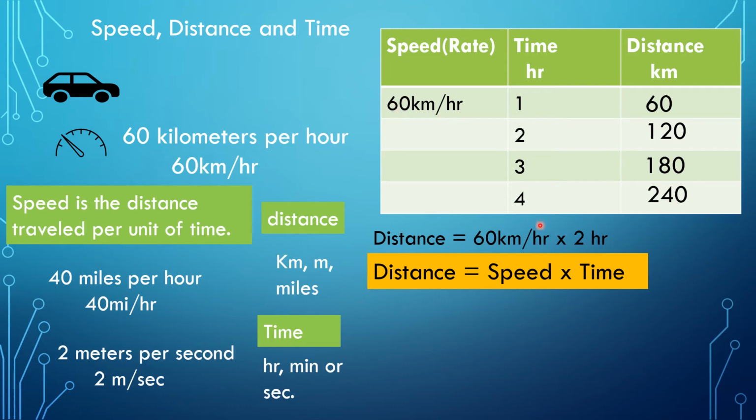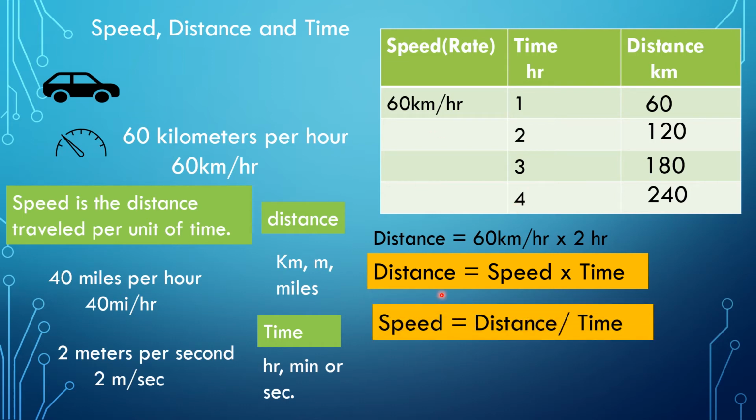And 240 divided by 4 is 60. This means that to find the speed, we compute distance divided by time. We divide in order to get 60 kilometers per hour.